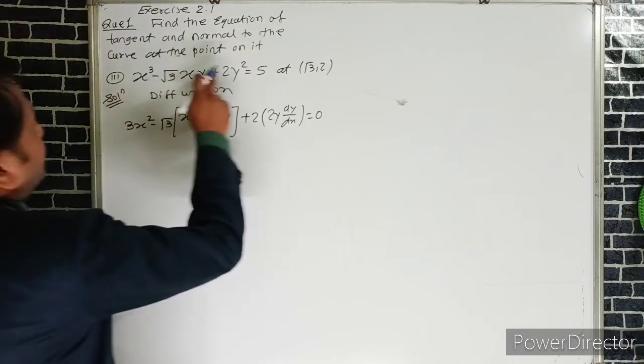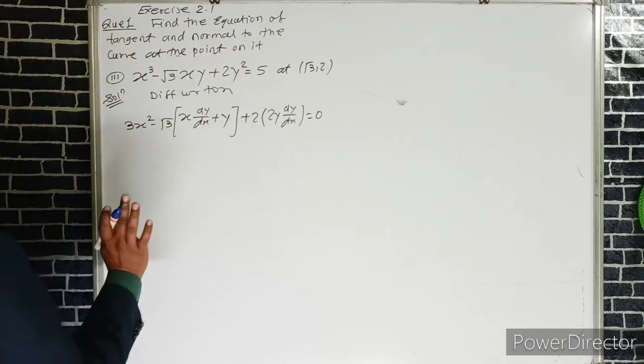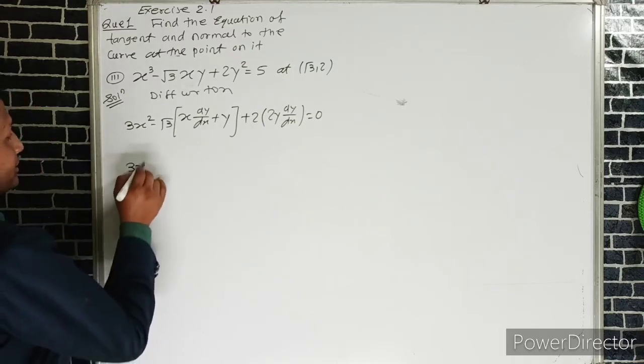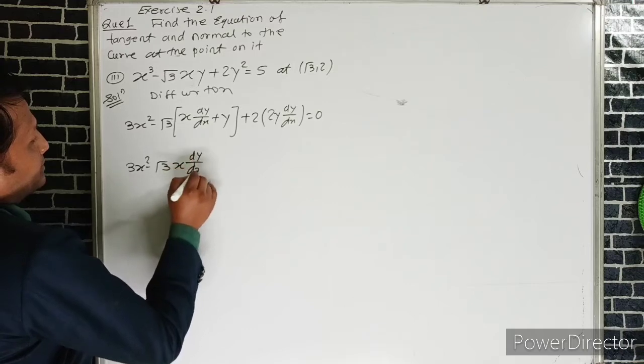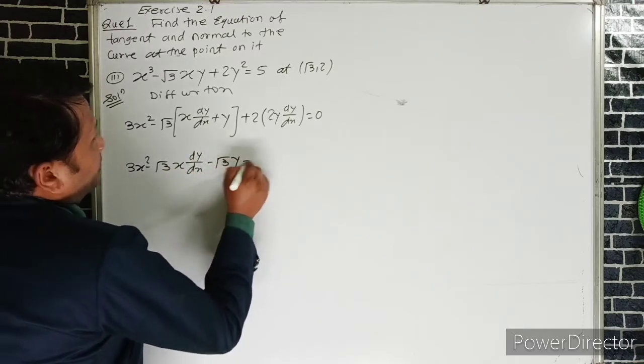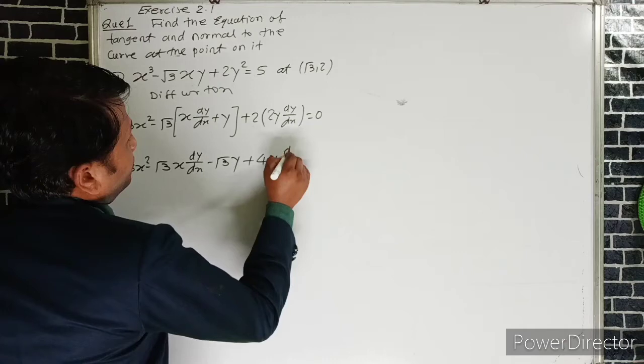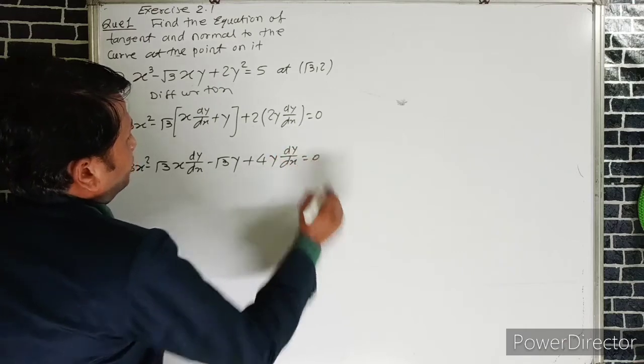And the remaining terms are separate; we can take the derivative. 3x square as it is, minus under root 3 into x, which is root 3x into dy by dx, minus under root 3y, plus 2 into 2, which is 4y into dy by dx, equals 0.